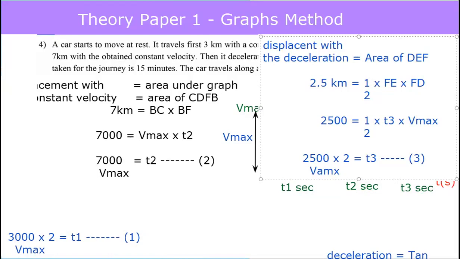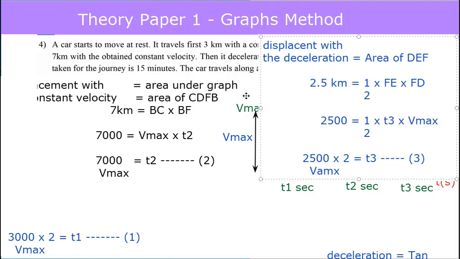Very good. Sometimes other students may have told the same thing, but I didn't hear you properly. So as we have expressions for T1, T2, T3 separately, we can add them and obtain a single expression for the total time duration.